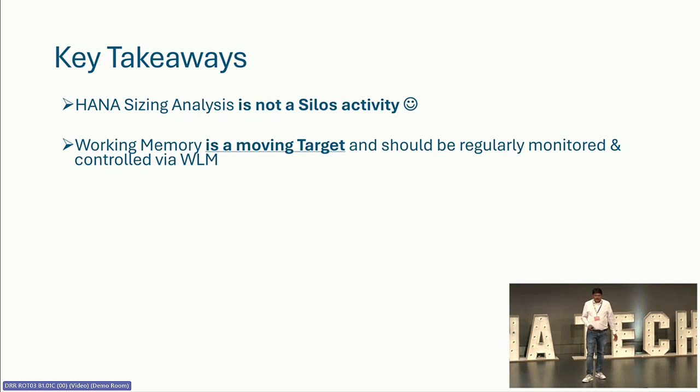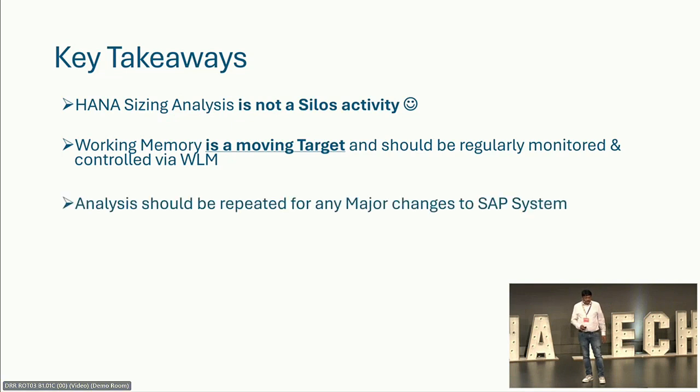So moving targets can only be monitored and controlled. Then you have to repeat this iterative process as you need, maybe whenever you have some major changes, maybe a HANA upgrade, which could bring surprises that you're not aware of, or maybe an application upgrade, or any such events.